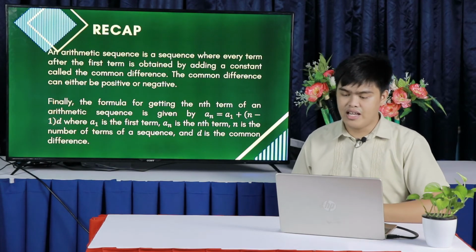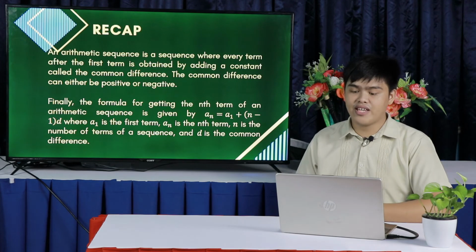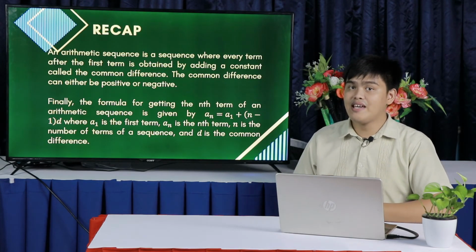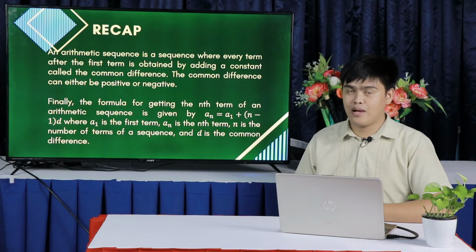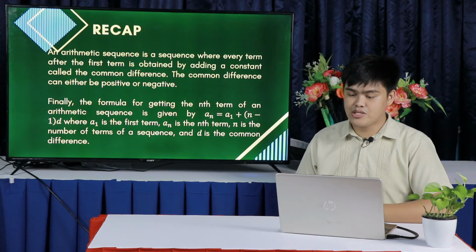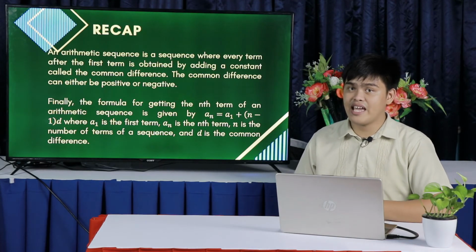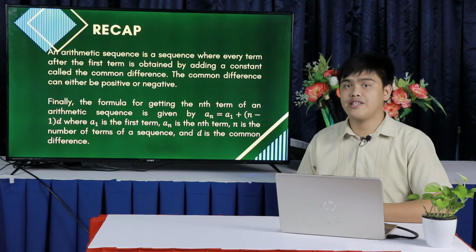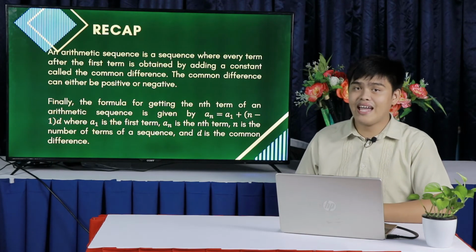Finally, the formula for getting the nth term of an arithmetic sequence is given by a sub n is equal to a sub 1 plus the quantity of n minus 1 times d, where a sub 1 is the first term, a sub n is the nth term, n is the number of terms in the sequence, and d is the common difference.